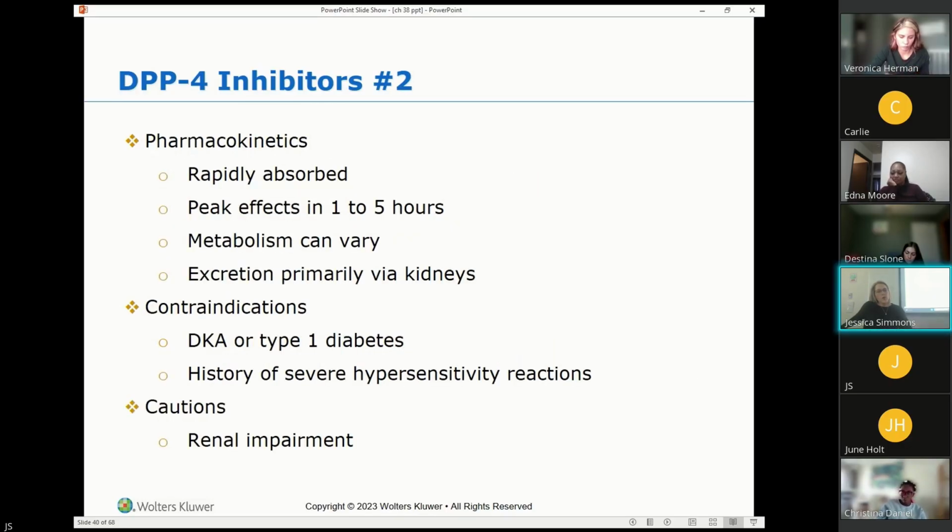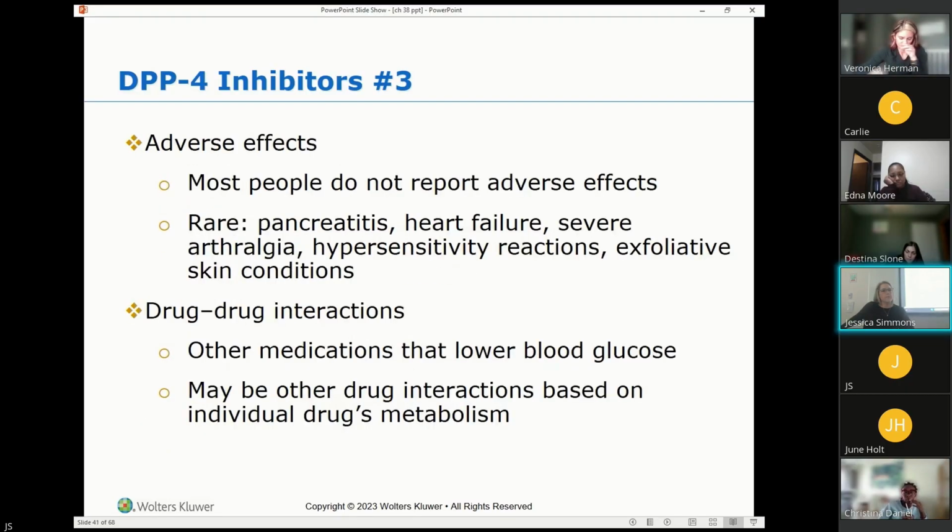So they're rapidly absorbed. They have a peak effect in 1 to 5 hours. They are contraindicated in patients with DKA or type 1 diabetes, and you want to be cautious with renal impairment. They have a rare adverse effect of pancreatitis, heart failure, severe joint pain.